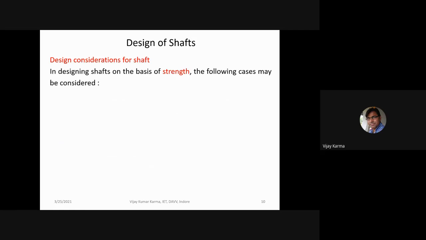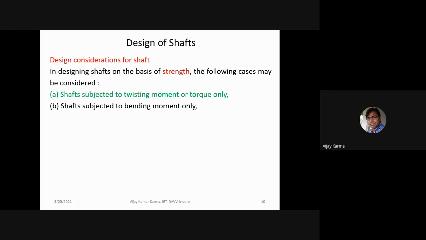On the basis of strength, the following cases we consider for the design. Number one, shafts subjected to twisting moment or torque only, meaning the force or the load which acts on the shaft is the twisting moment or torque only. Shafts subjected to bending moment only.